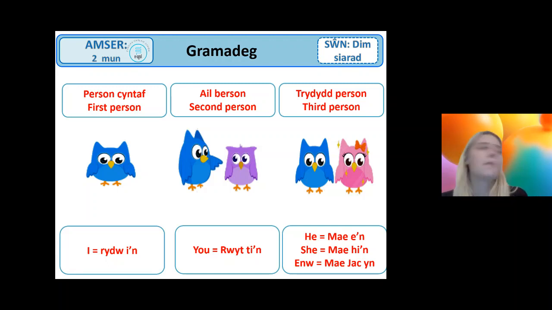So the examiner could be quite horrible and ask you to switch between the first and the third person in different tenses. So it may not always be the present tense here. So they might ask you to maybe switch hoffwn, I would like, to the third person, trydydd person, so hoffai Tom or hoffai and someone's name.